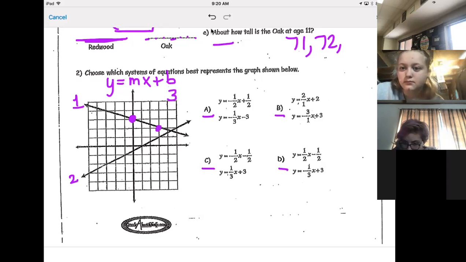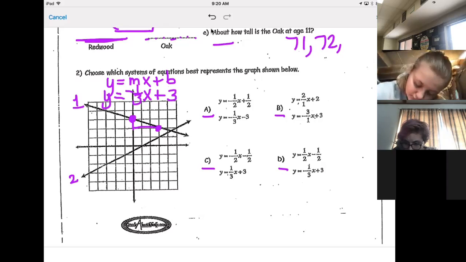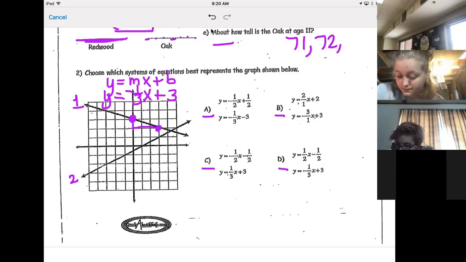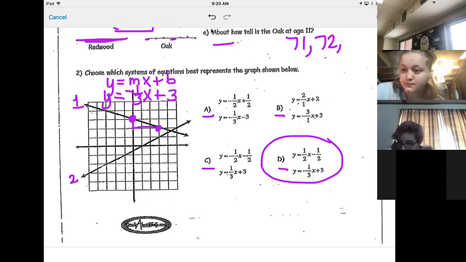All right, so what's the slope? -1/3. So this would be my first equation. Is there anything over here that has y equals -1/3 x plus 3? Which one? Just D. Okay, so I don't even have to do the other one.